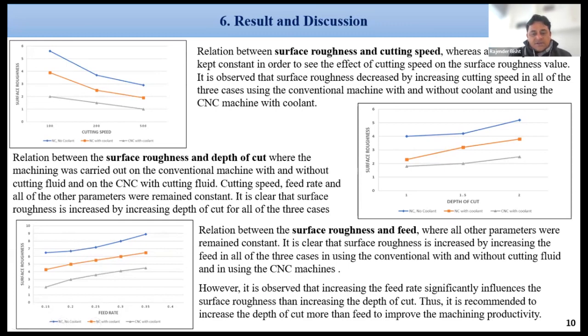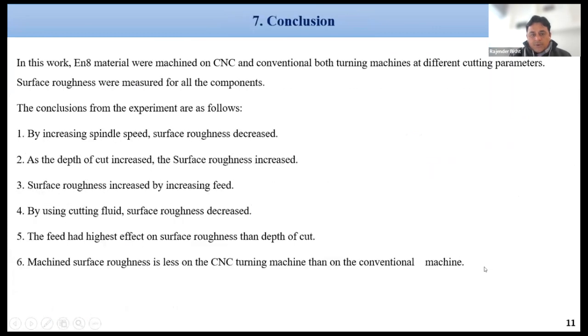Increasing the feed rate influences the surface roughness significantly more than increasing the depth of cut. So we recommend increasing the depth of cut more than the feed to improve machining productivity. We need to keep the feed rate on the low side relative to the depth of cut to get the maximum output.